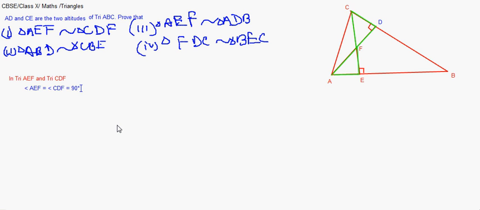What else? AFE and CFD will also be equal. We call them vertically opposite angles, so we write angle AFE is equal to angle CFD, they both being vertically opposite angles.